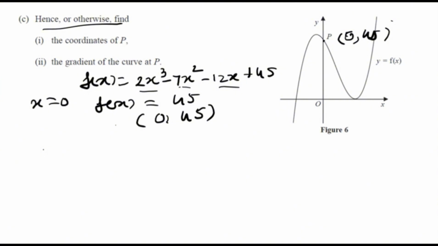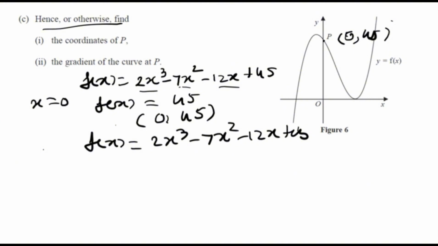Now the gradient of the curve at P. To find the gradient, if you learned in IGCSE, we have to use differentiation. If you don't know, we are going to cover it in chapter 8 in this Pure 1. So how to do the differentiation? So f of x is equal to, I am writing the function equation again.